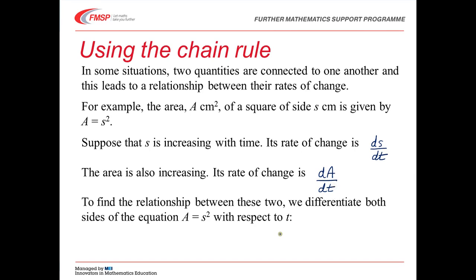We want to relate these two. We start with the equation A equals s squared and differentiate both sides with respect to the same variable t. So the left-hand side is dA by dt. For the right-hand side, we're going to need to use the chain rule. Differentiate with respect to s first, 2s, and then multiply by differentiating s with respect to t. And there's our equation.